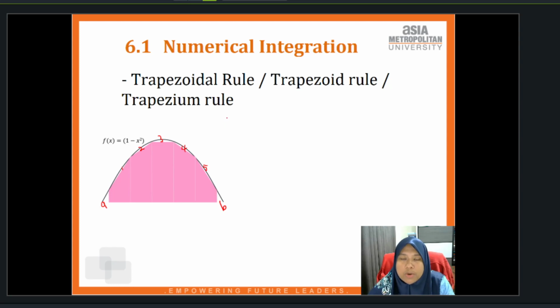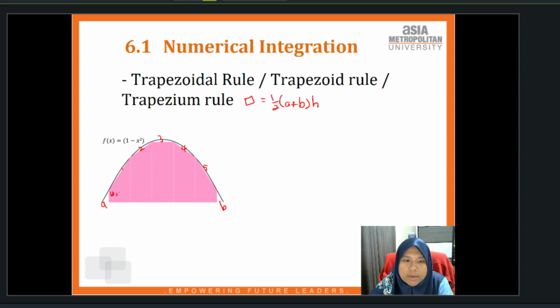Alright, so we know that the formula of the area of a trapezium is 1 over 2 times (a plus b) multiplied by h. Let's say we have a and b.